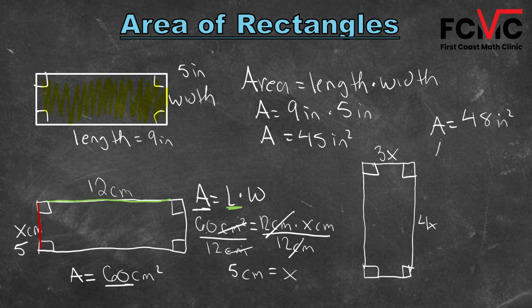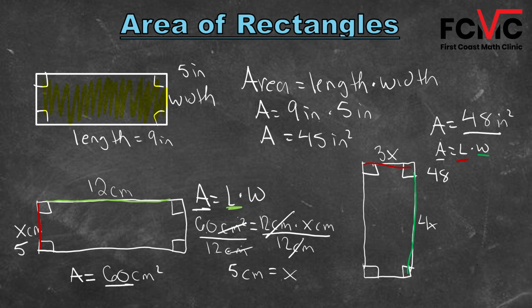So we again want to use our formula. Area equals length times width. We know our area is 48. We know our length is 3x. So this is going to be our length. This 4x is going to be our width, so let's substitute those values in.